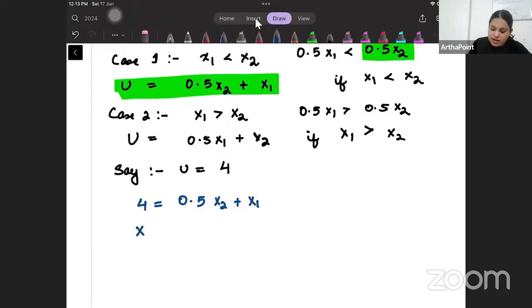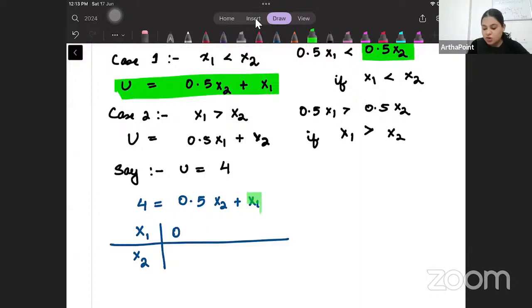So I can just keep this like this. When x1 is 0, if I plug in 0 here, what will be x2? x2 will be 8. And when x2 is 0, if I plug in 0 here, x1 will be 4. Right? This is for the first one.